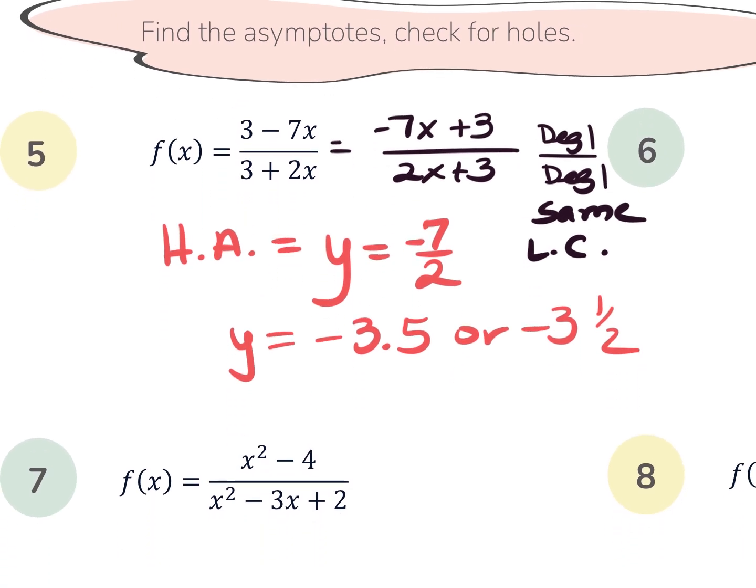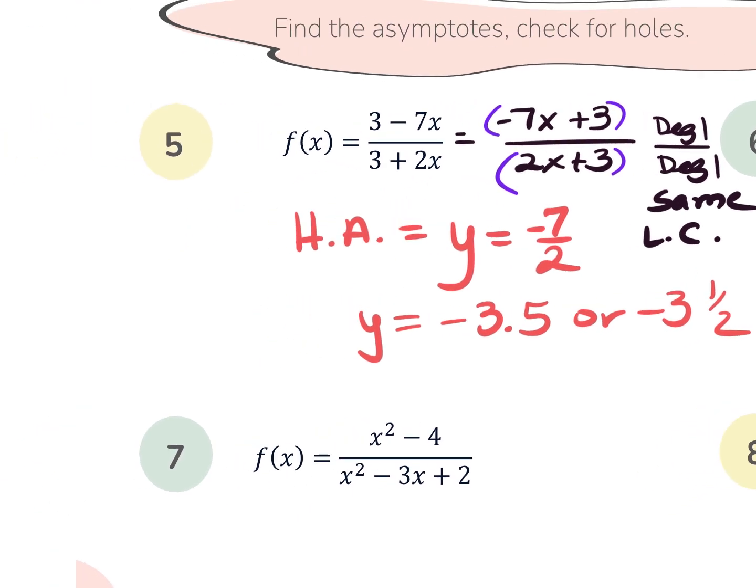For the vertical, it can't be simplified. I can't cancel the 3's because remember, these are attached. So do not be tempted to do that. You will get it wrong. So for the vertical, what we're going to do is take that denominator, the 2x plus 3. You can either use the original or the way you rearranged it.